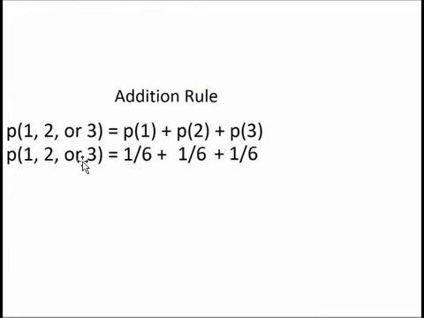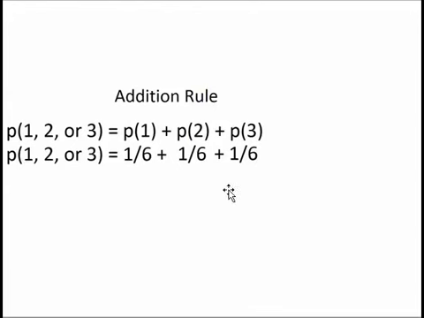So to get our answer, we just have to add these 3 fractions. Like I said earlier, if the fractions all have the same denominator, meaning they all have the same number on the bottom of the fraction, you just add the 3 numerators and then put the answer above the denominator.